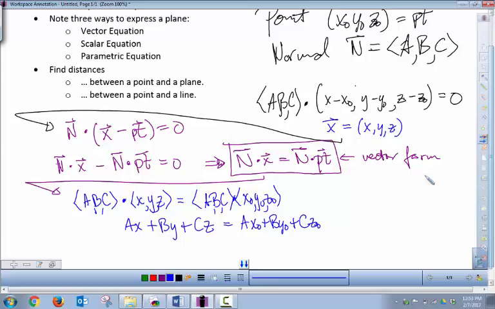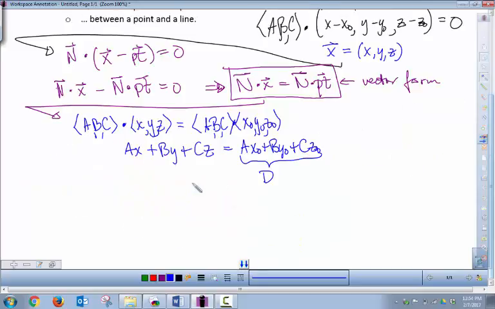Now x, y, z, remember, is generic, and x naught, y naught, z naught is a specific point. With a specific point, we actually would have numbers to put in, and a lot of times people would refer to this as D. Sometimes they have D on one side, and sometimes on the other side, so it gets a little confusing, but I like to have D on the other side of the equal sign.